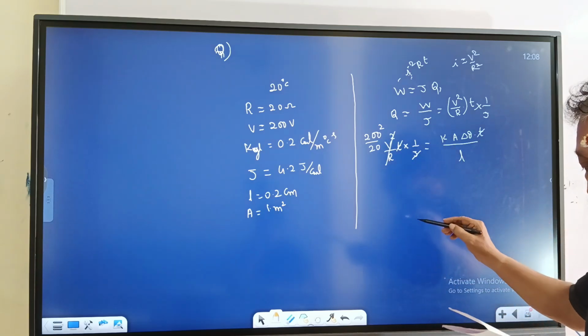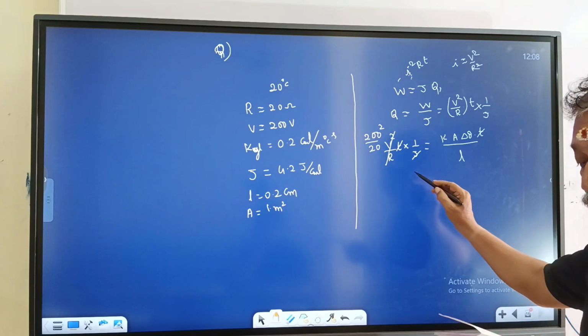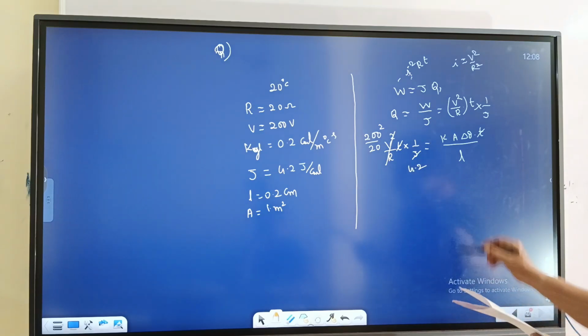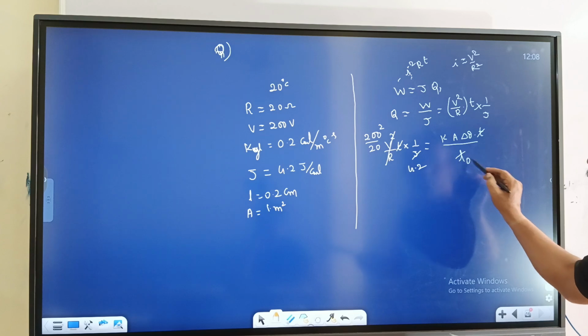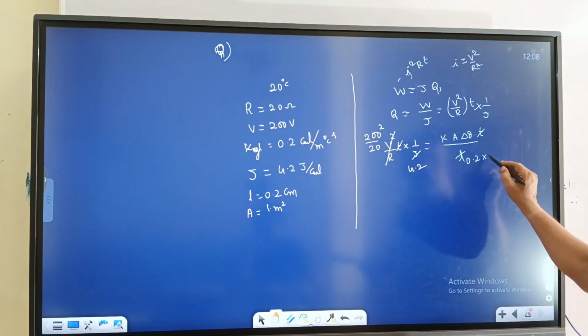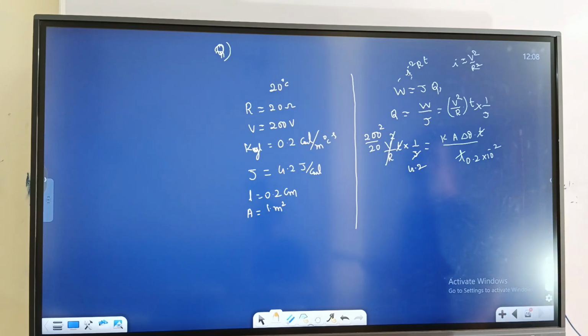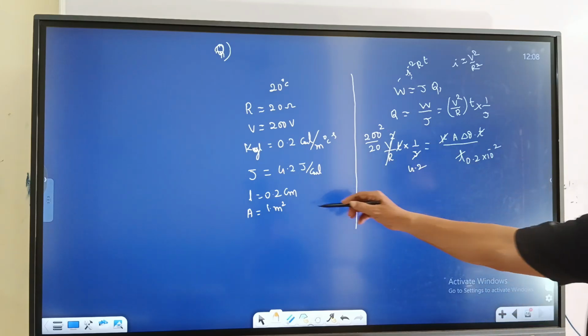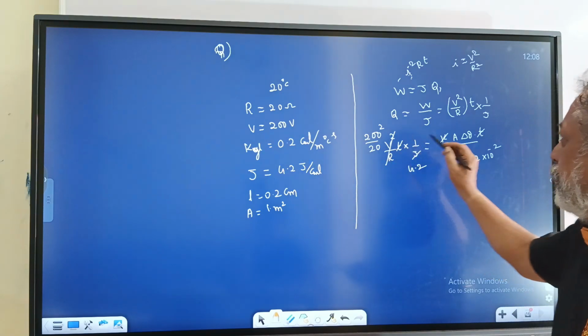The J value is given, that is 4.2. The length is given, 0.2 centimeter. Convert into meter, 10 to the power of minus 2. And K value is given. K is equal to how much? K is 0.2.